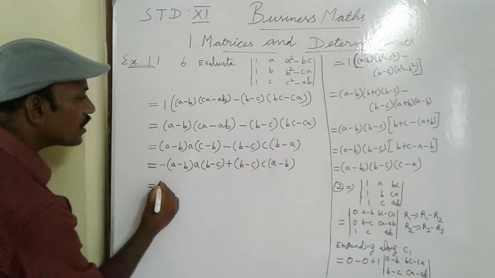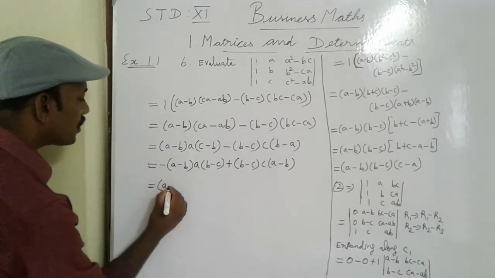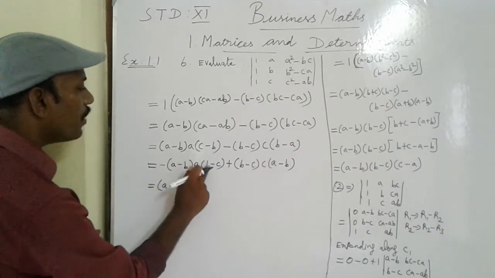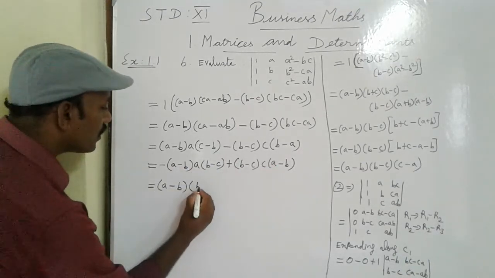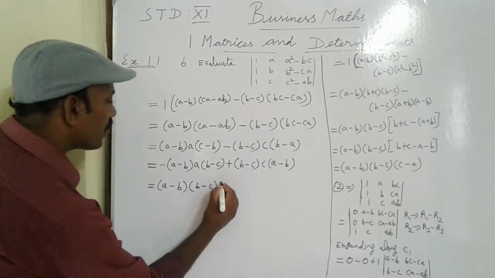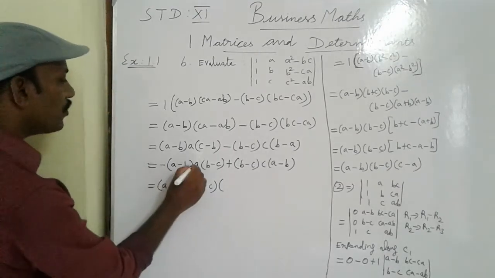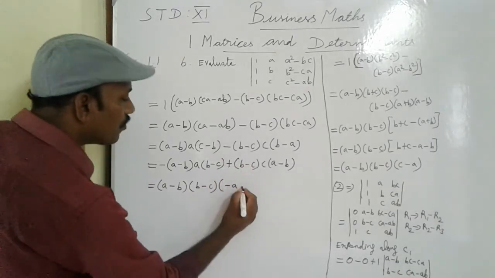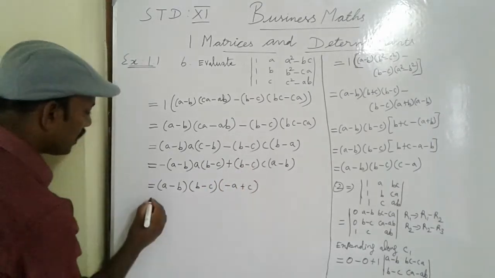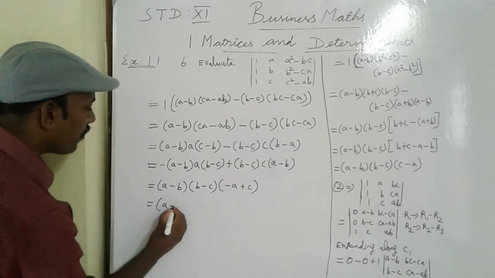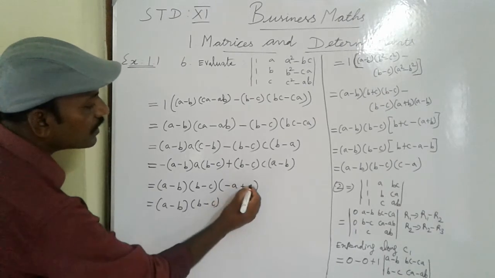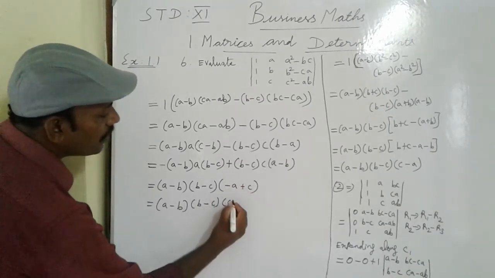So take out A minus B first, A minus B is common. Next B minus C is common, take out. Remaining minus into A is what? Minus A. Plus into C is what? Plus C. So we should write A minus B into B minus C. We should write in order, C minus A.